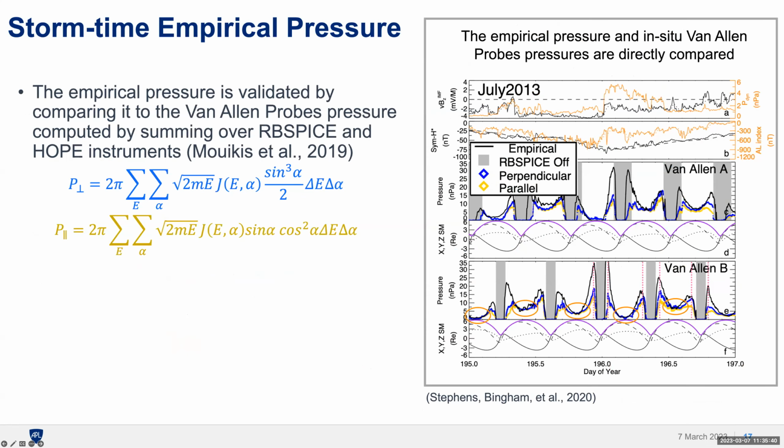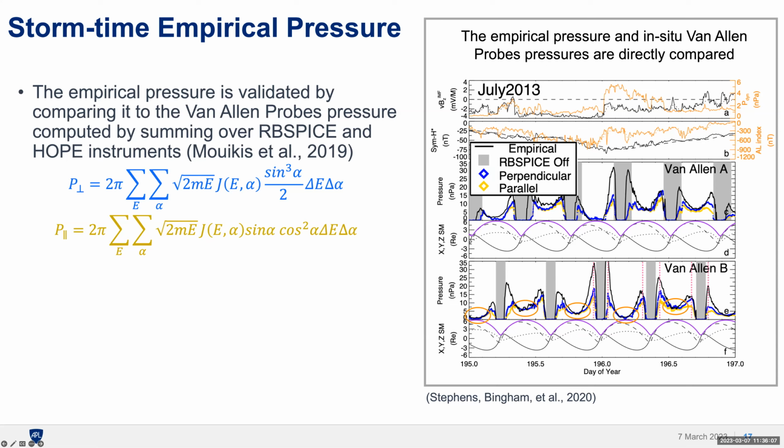We want to be able to benchmark how accurately we are capturing this empirical pressure. Fortunately, the Van Allen probes had a large enough suite of instruments to get a pretty good estimate of what the total pressure was by summing over a variety of energy channels over the RB Spice and HOPE instruments.